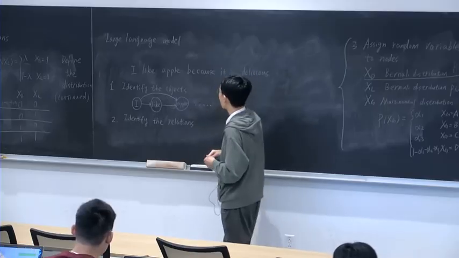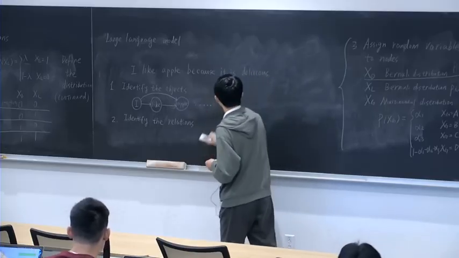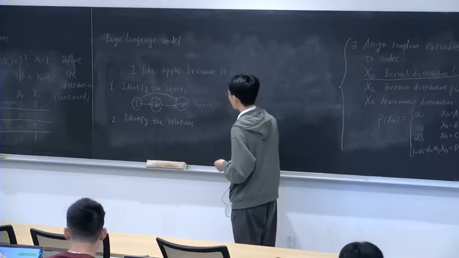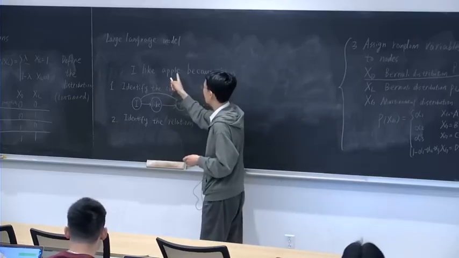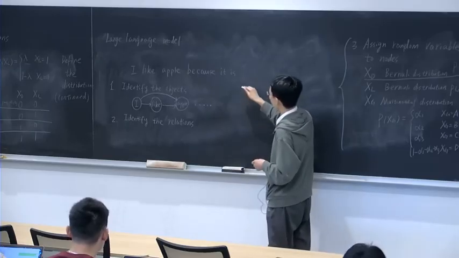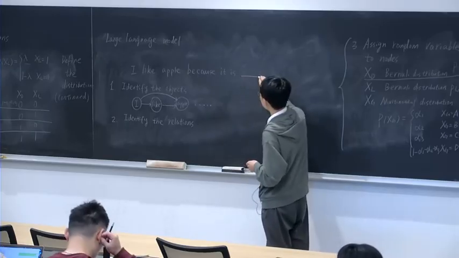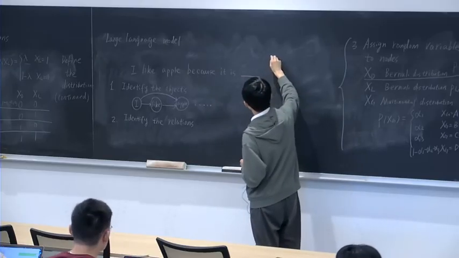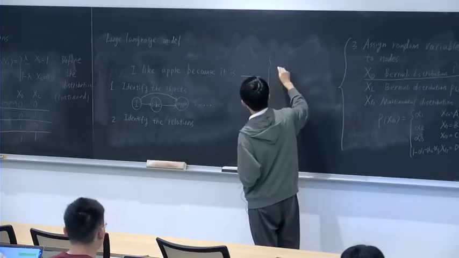To give you an example, suppose we already write, "I like apple because it is". Now we are going to write down the next word. And for the next word, we have some choices.